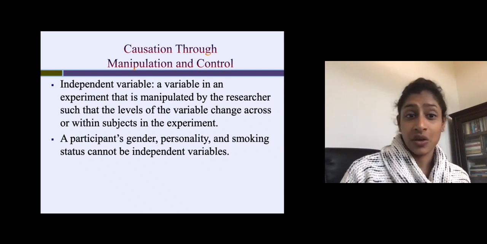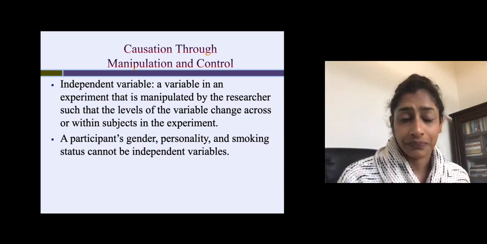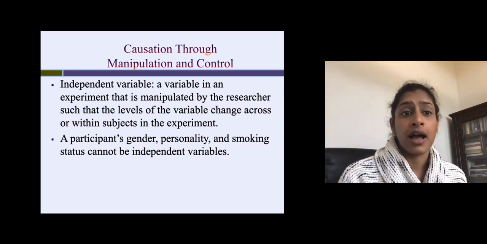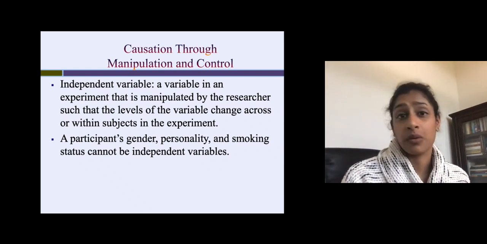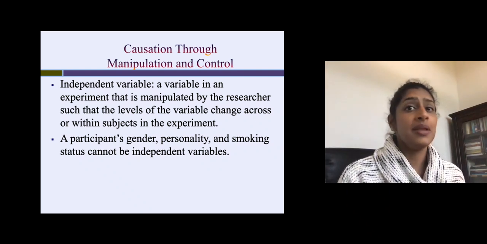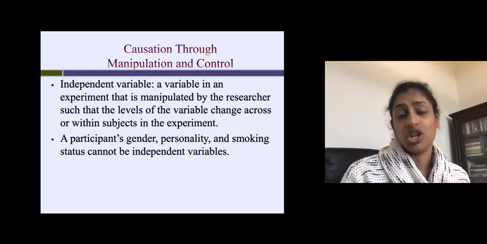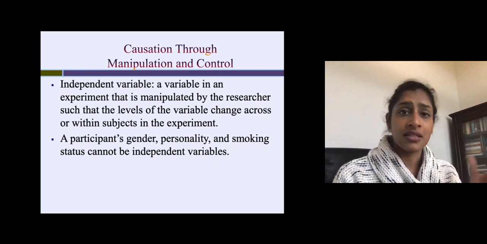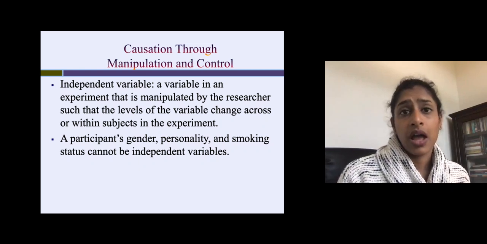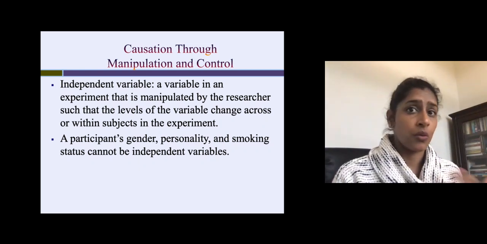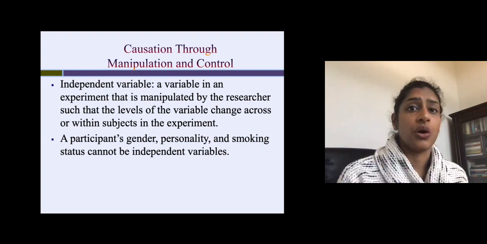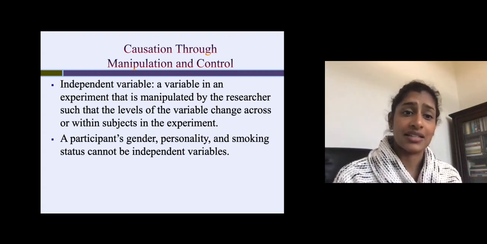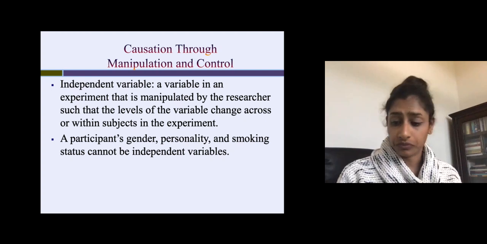And the question is, why might that be? Well, I hope you say, I can't manipulate those things, and that would be correct, right? I can't manipulate a person's gender, personality, or smoking status. This is what the person identifies with or what the person is, so I could not use those as an independent variable in an experimental design.